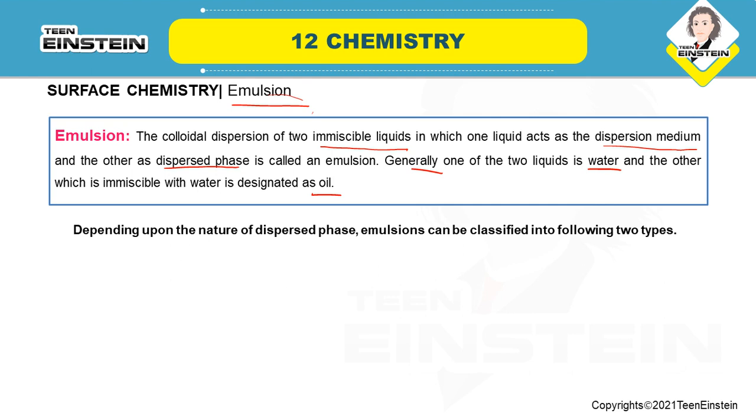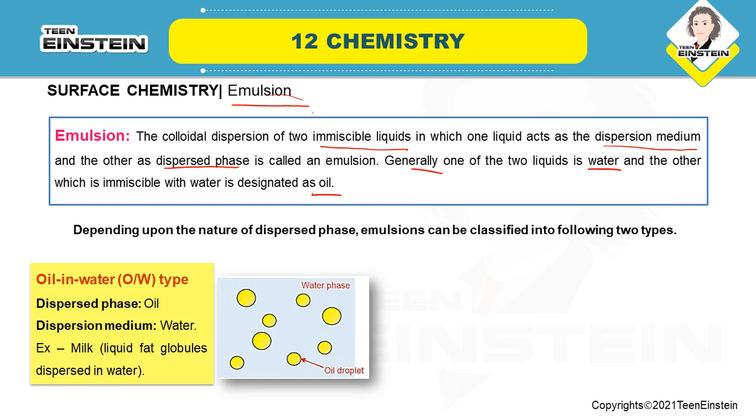Now depending upon the nature of the dispersed phase, that is whether water will be the dispersed phase or oil will be the dispersed phase, emulsion can be of two types obviously. One type is where oil is the dispersed phase.